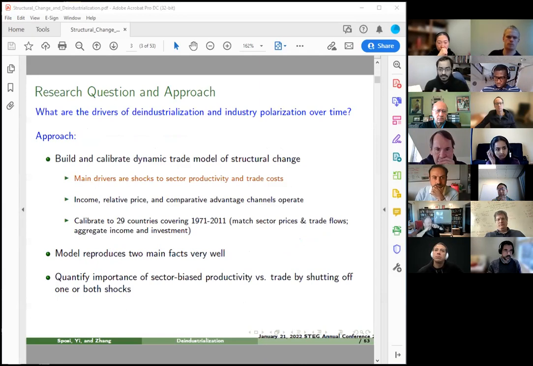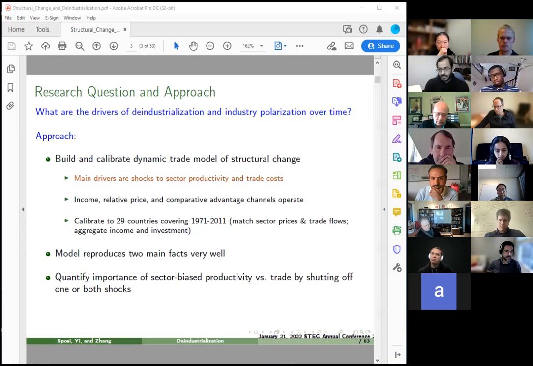The second driving force is going to be declining trade costs. So it's going to capture increased globalization or trade integration over time. We're going to calibrate both of these processes to jointly match prices and bilateral trade flows that we observe at the sector level for each country in each time period.